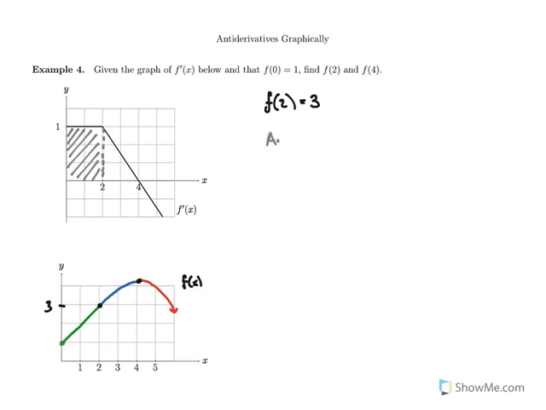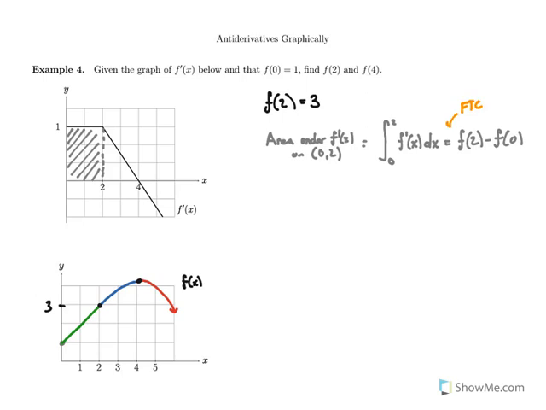So we know that the area under the curve, so under f prime on 0 to 2, is going to be equal to the integral from 0 to 2 of f prime. And we know that's going to be equal to f of 2 minus f of 0. That's by the fundamental theorem of calculus.